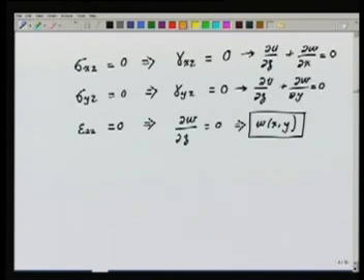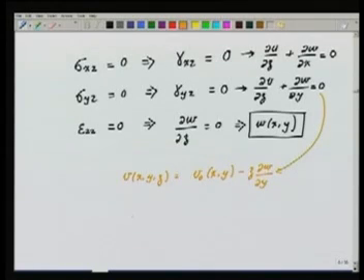So this assumption will lead to v as a function of x, y, z being v0 of x, y minus z del w del y, and u as a function of x, y, z being u0 of x, y minus z del w del x.